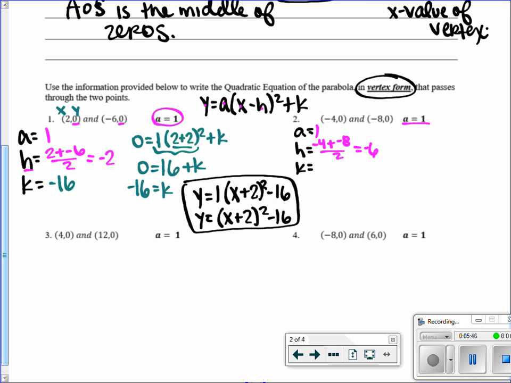You can pick whichever x value and y value you want to use, whichever point. So if you plug those numbers in, 0 equals 1 times (-4 minus -6, so plus 6) squared plus k. -4 plus 6 is 2, so 2 squared is 4, and then 4 times that a value of 1 is 4.